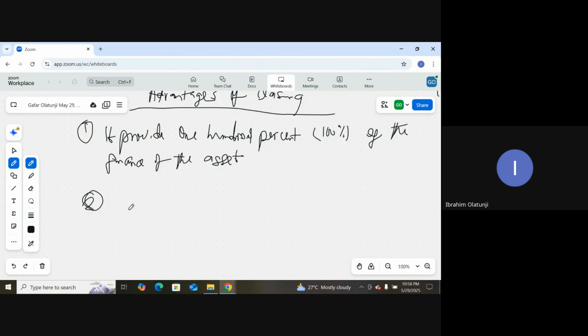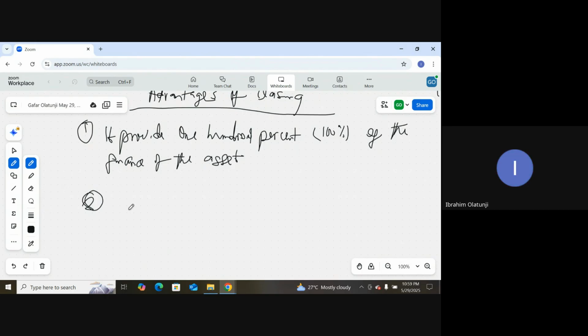But if we want to look at what's going to be the security for a lease, I want to lease. What's going to be my security? Let's assume there's a building that I want them to lease to me.